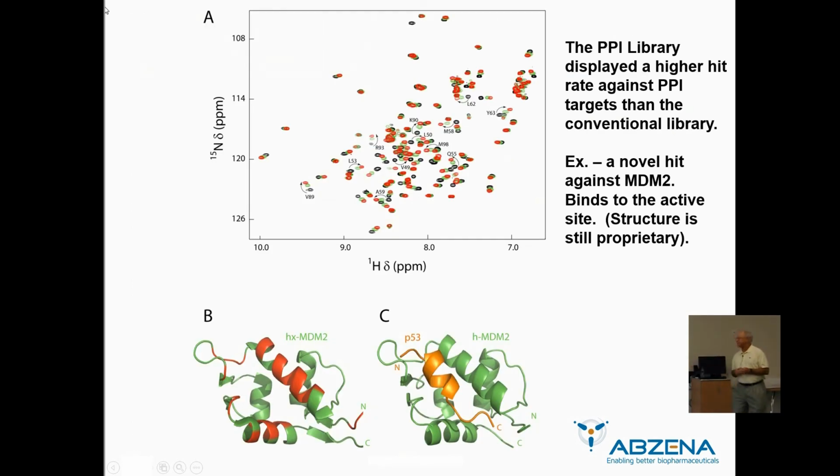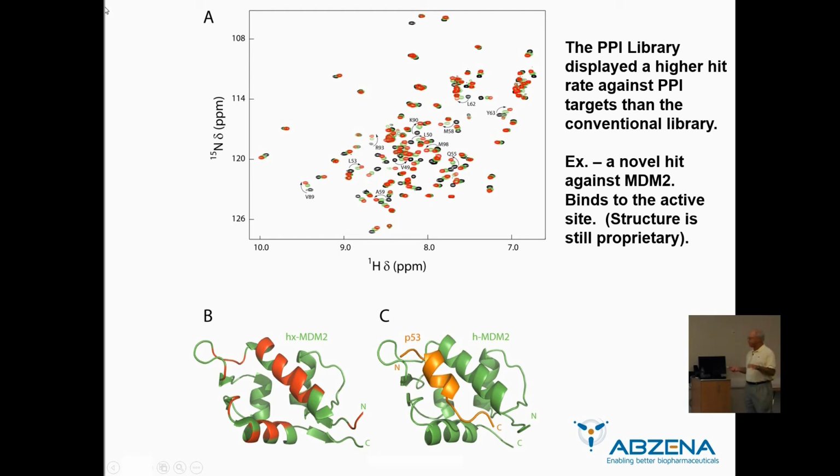And in fact, the PPI library did display a higher hit rate against PPI targets, about an 8-fold higher hit rate than the conventional corporate library. And here's an example where we found a hit against MDM2, sort of a novel scaffold.